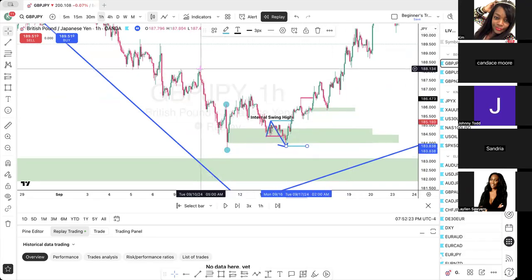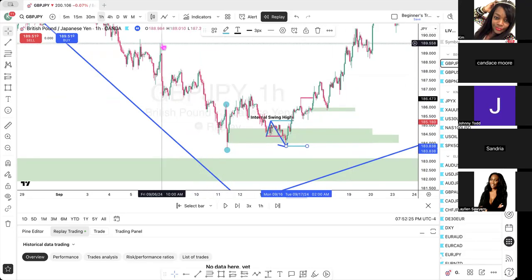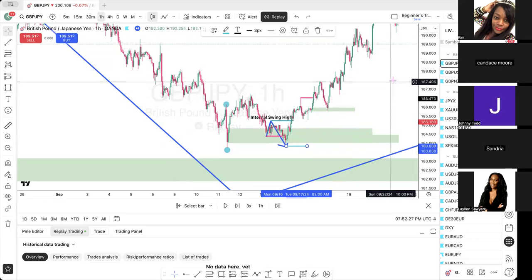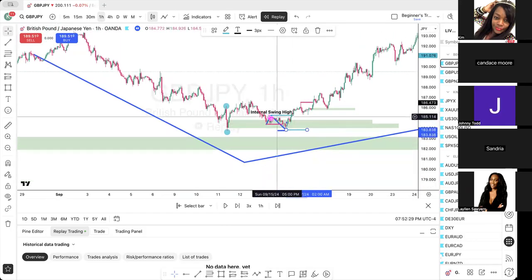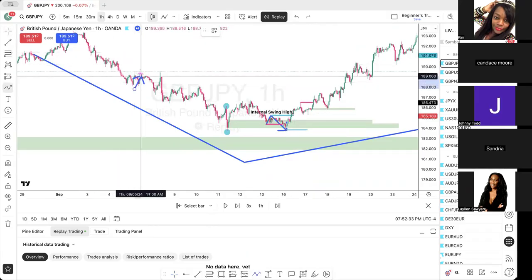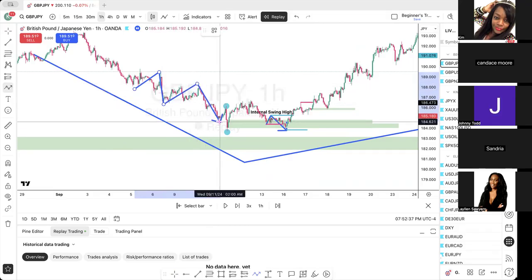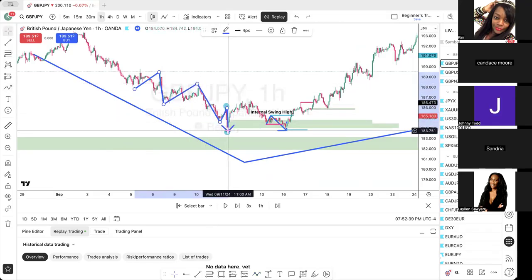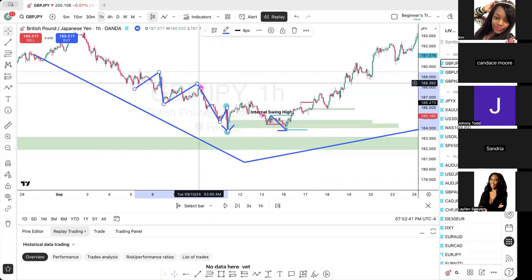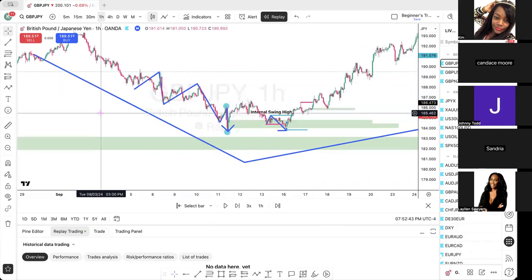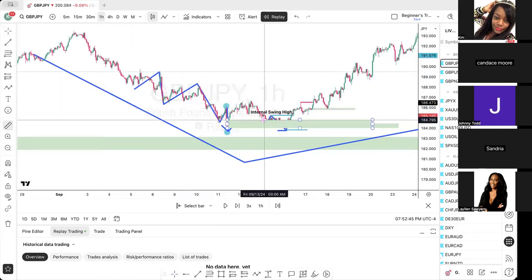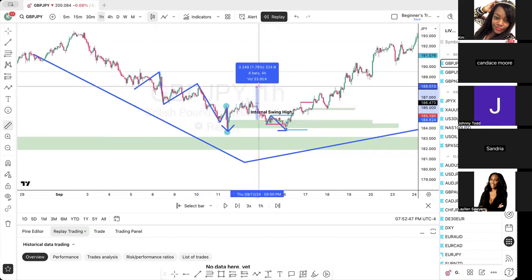you have a high here you can take it to. You have a high here that you can take it to. All the swing highs that you identify, right? So you have this here and then here, and then here, and then here, then here, then here. You can take your profit at any of these highs. It all depends on the type of trader you are.